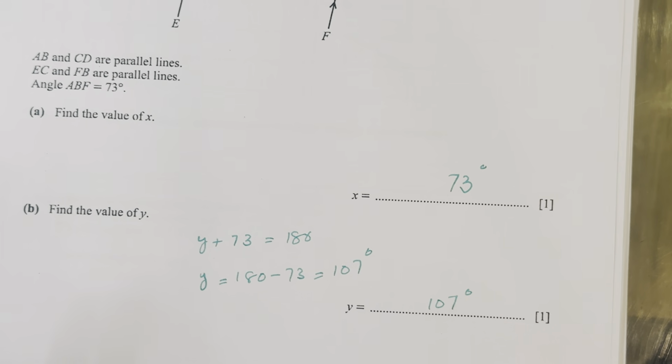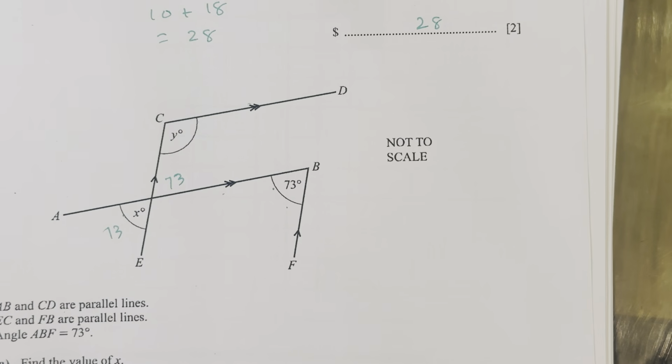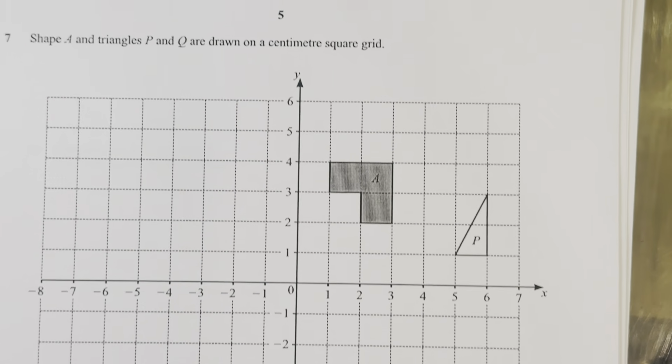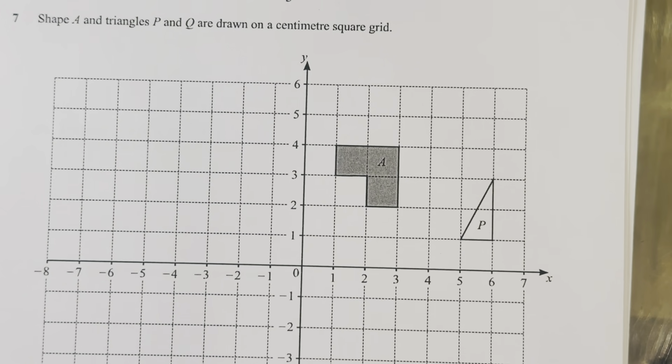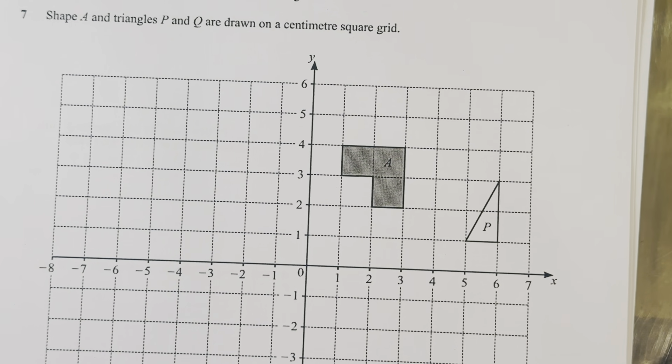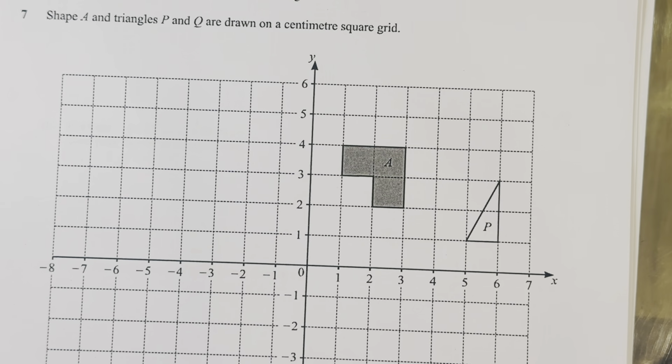Now we will move to question number 7. This is the question of transformation. Triangles P and Q are drawn on the centimeter squared grid.